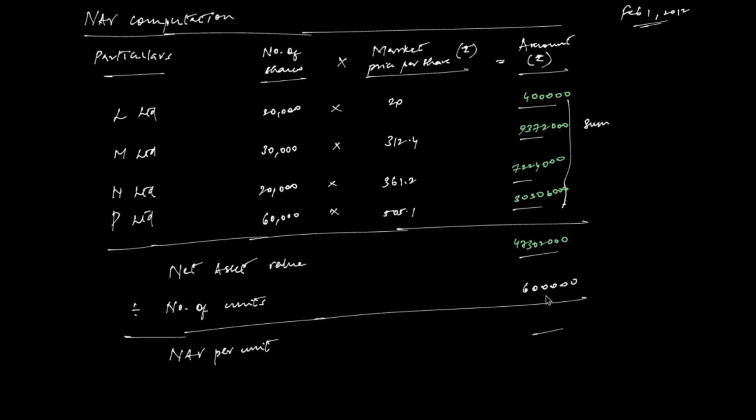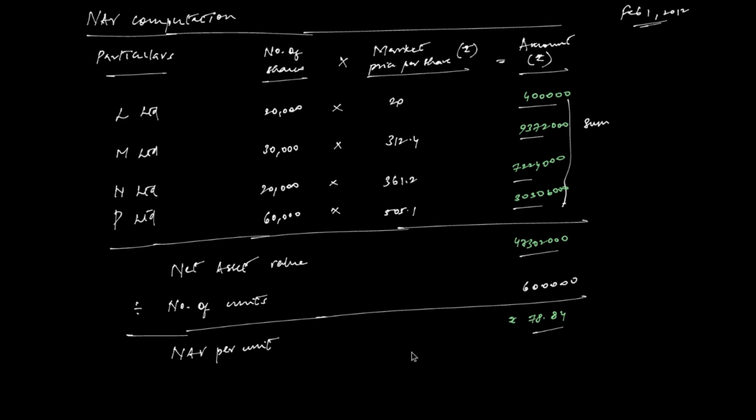This divided by 6 lakh is 78.84. So this is NAV per unit as on Feb 1, 2012 before A submitting his check.